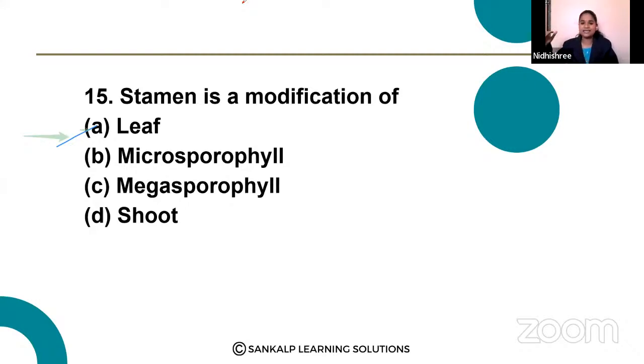In higher plants those structures modified and became more advanced. So stamen is a modification of which structure in lower plants? Many of you answered it correctly. Yes, good going. The right answer is option B, microsporophyll.